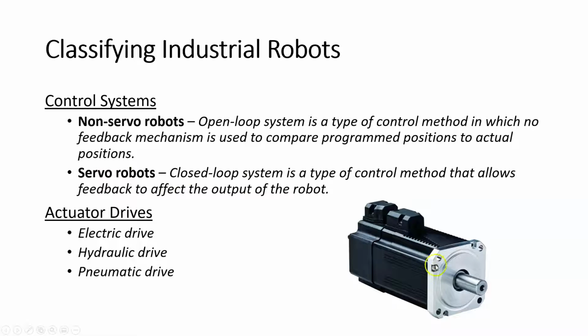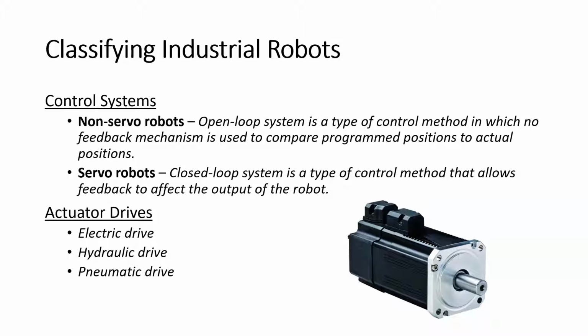Right? The feedback system that we're talking about here is basically the robot is told to move from point A to point B. And in order to stop when it gets to point B, it needs to constantly be asking itself, am I at point B yet? So what happens is we tell the robot to move from point A to point B. It starts moving, and then the robot says, am I there yet?